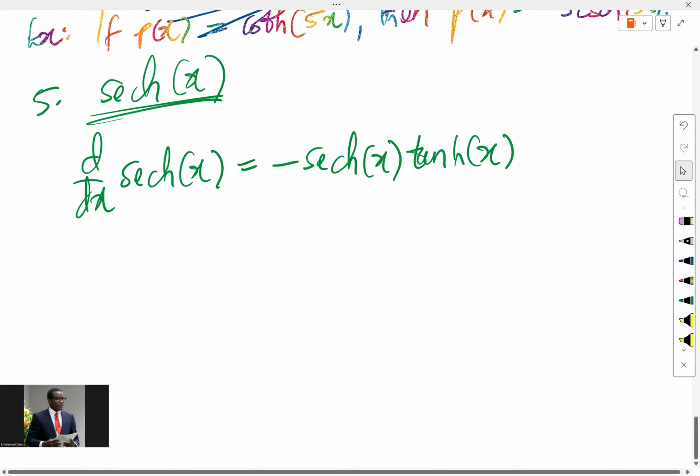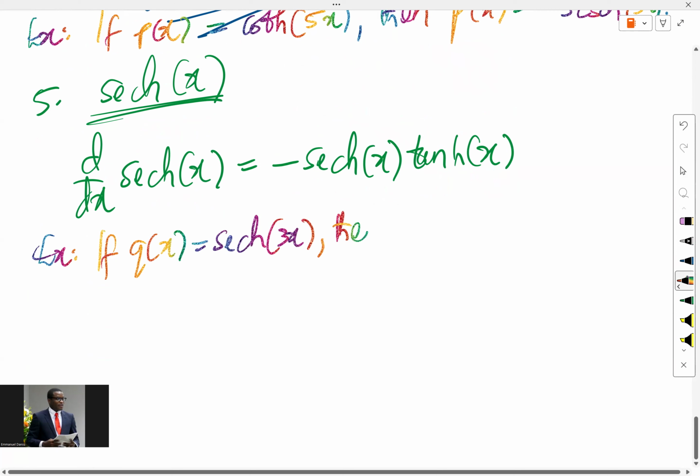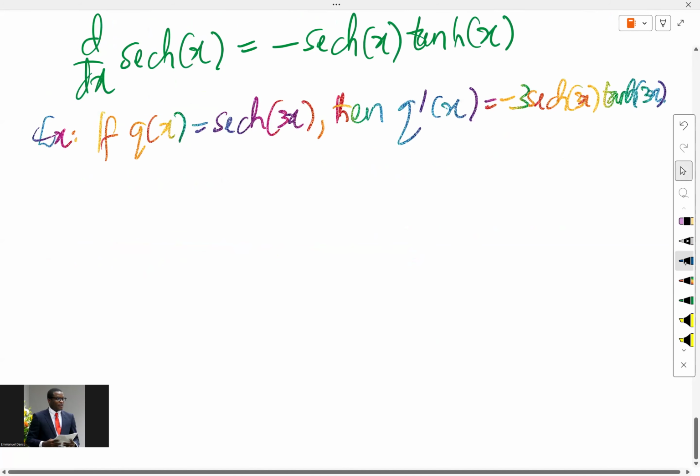So if that is the case, we can say that if q of x is equal to sech 3x, then q prime of x will be minus 3 sech 3x tanh 3x, like that.